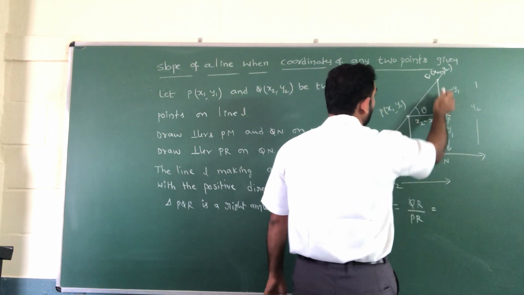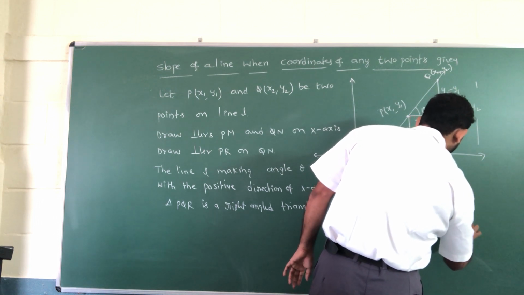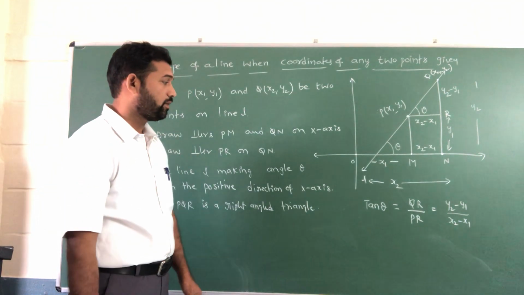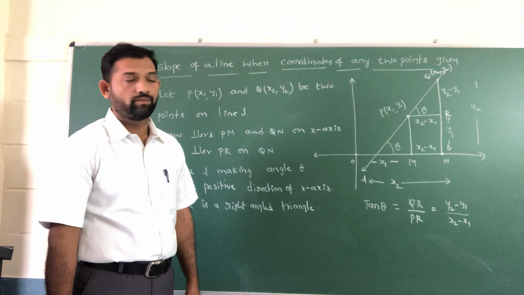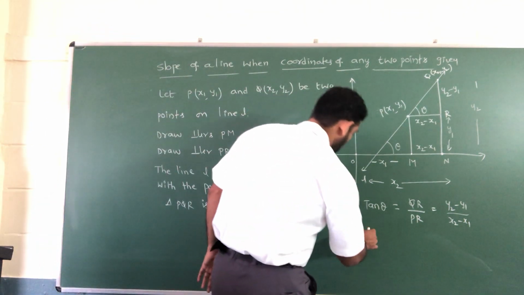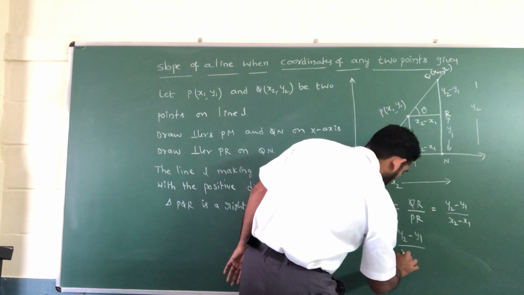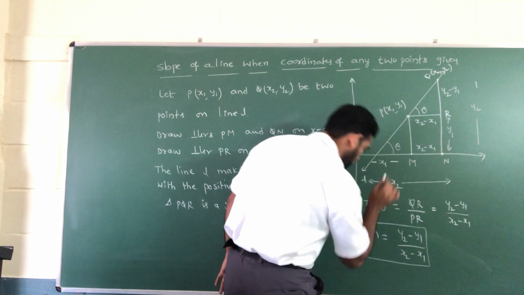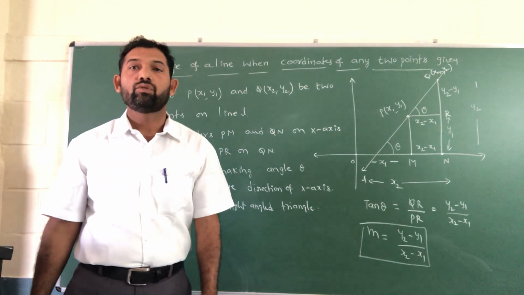What is the QR value? y2 minus y1 by x2 minus x1. Understand? So tan theta, that is m, is y2 minus y1 by x2 minus x1. This is the slope of the line. If two points are given, this is the slope of the line.